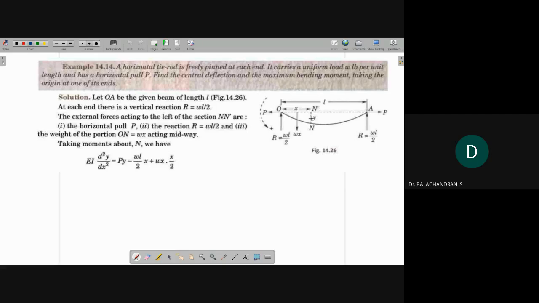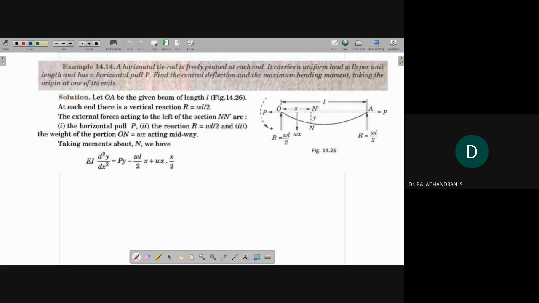We need to find the bending moment, the maximum bending moment. So I need to find y, and also the central deflection. The length is L, which is also given in the question.